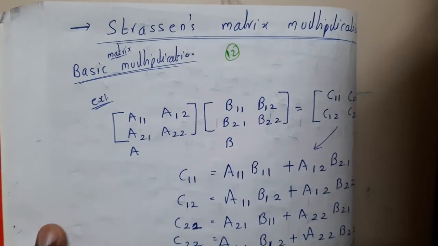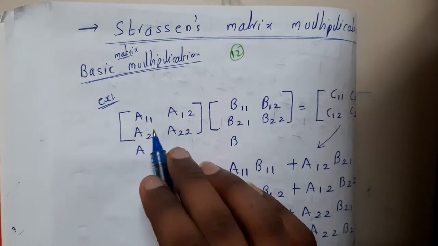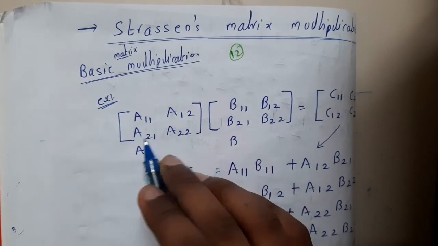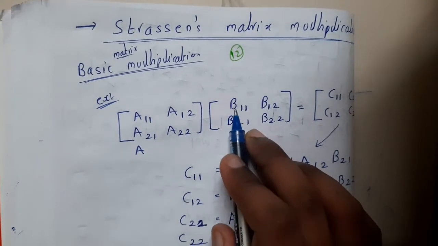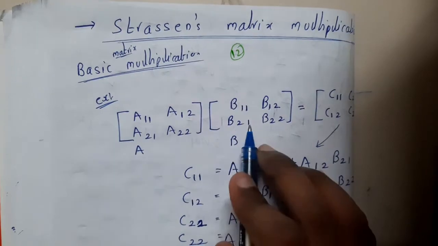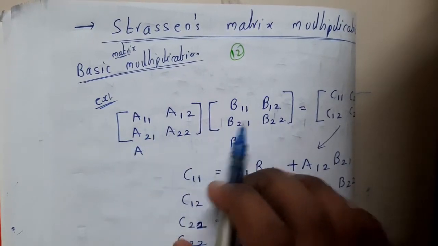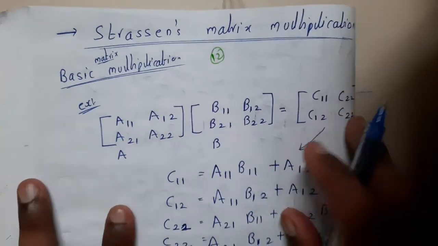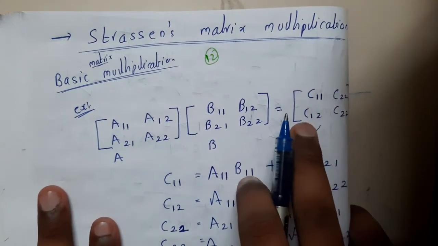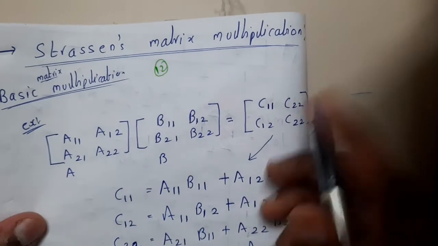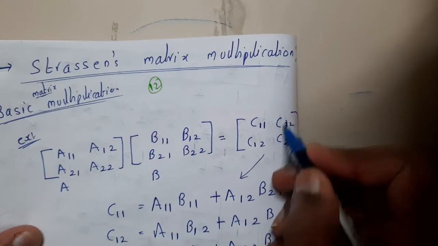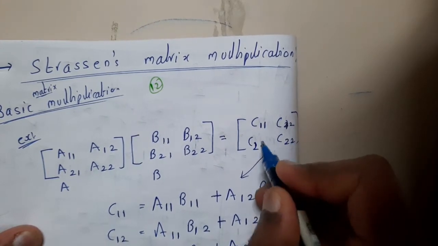So the normal matrix multiplication: A11, A12, A21, A22 with B11, B12, B21, B22. I am assuming 2 cross 2 matrix multiplication. Assuming the result is C11, C12, C21, C22.